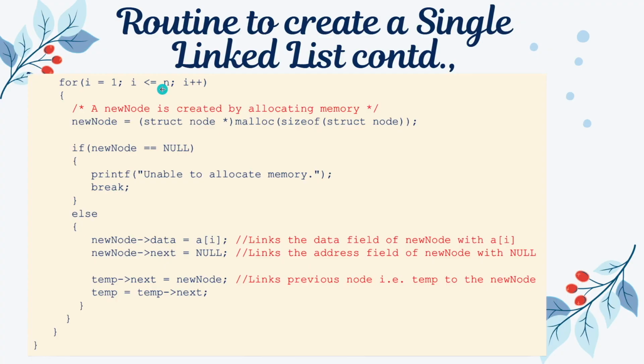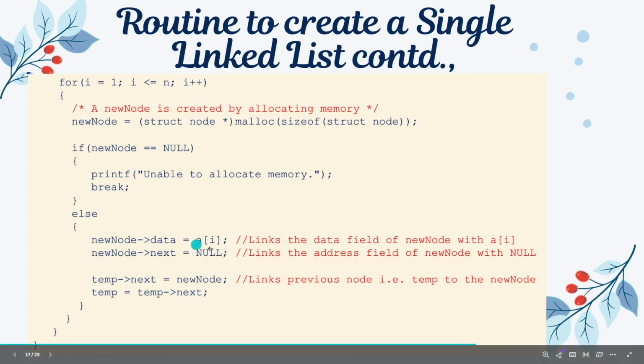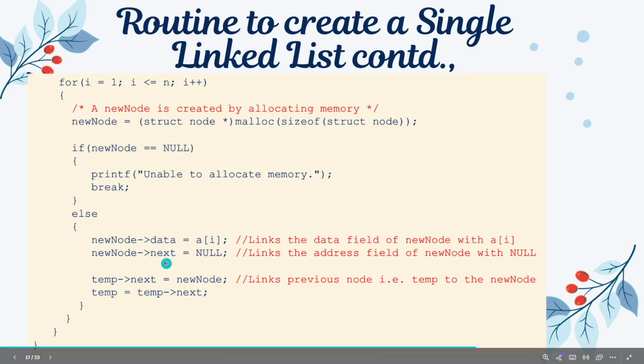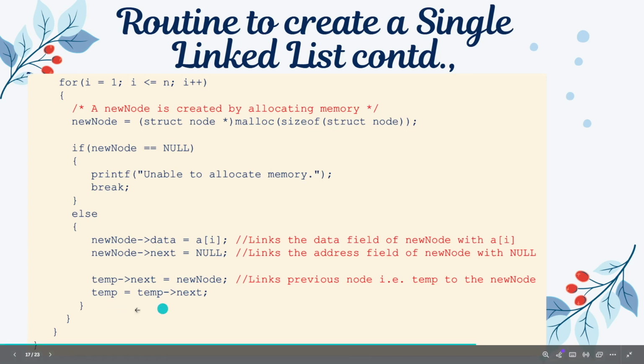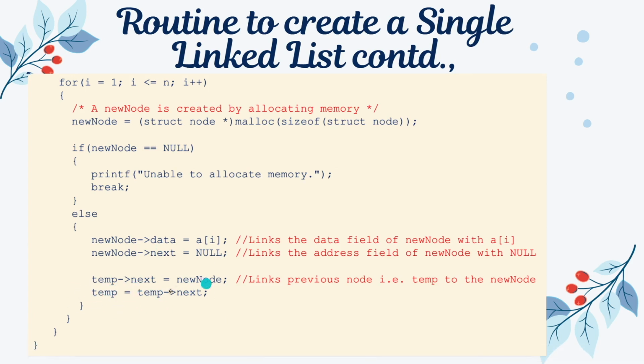Depending upon the value you specify for n, that many times malloc would be called, and we will be creating that many new nodes, and making assignments of this form. We put data in the data part, we put next as null, and then we create a chain with the help of these two statements: temp's next is equal to new node and temp is equal to temp next. Thereby we will be creating a chain of nodes which make up the single linked list.